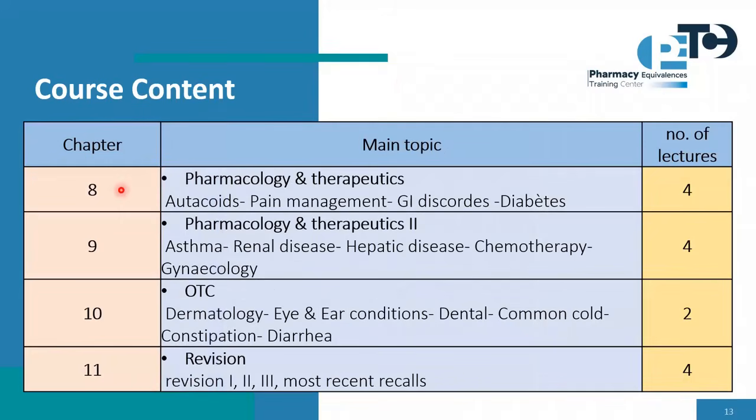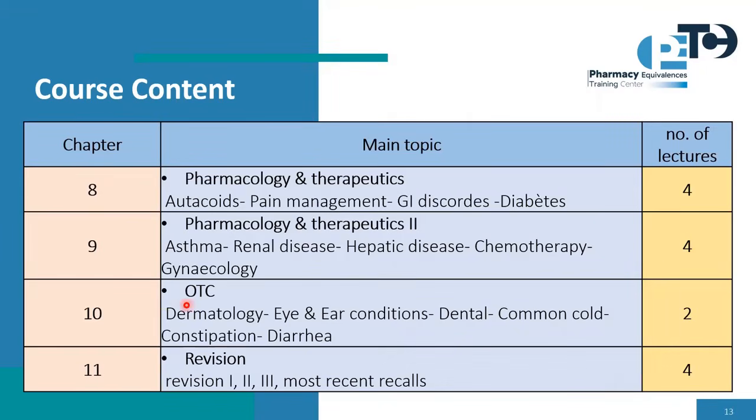The next 2 chapters, chapters number 8 and 9, regard therapeutics. So we can collect them in 1 chapter. Okay, we have many topics like autacoids, pain management, GI disorders, diabetes, asthma, renal diseases, hepatic diseases, chemotherapy, and gynecology. Those will be covered in 8 lectures.